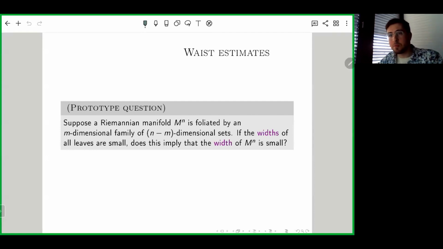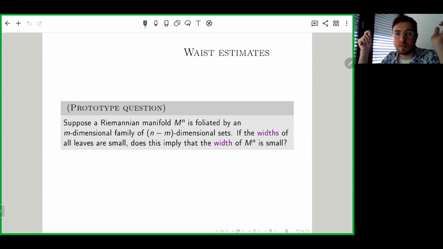So I formulate it as a prototype question here. Suppose you start with a certain space, which is already sliced or diced or foliated or in some other way represented as a union of simpler chunks. So I would like to stick to this formulation.